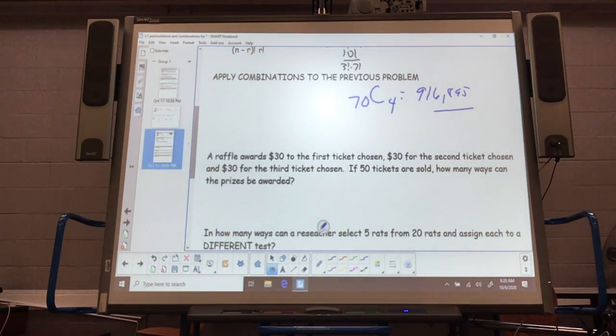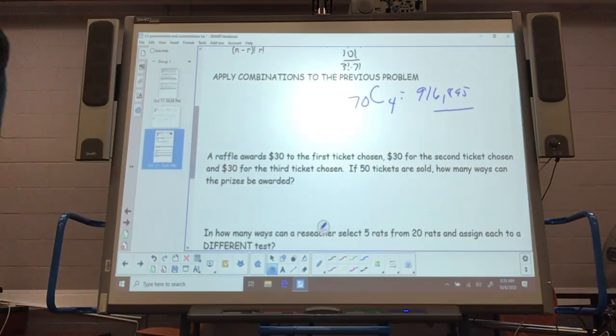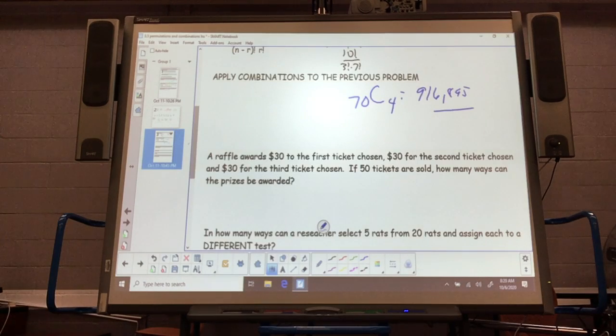Doesn't matter if you're first, second, or third. So order's not important at this point. So go ahead and write yourself a combination. How can I write that in combination form? I have 50 tickets. I'm choosing 3 of them. And then clickety-clack it, calculate it.